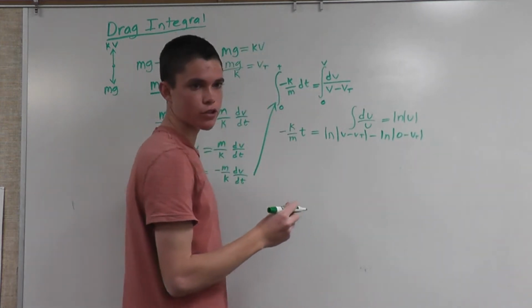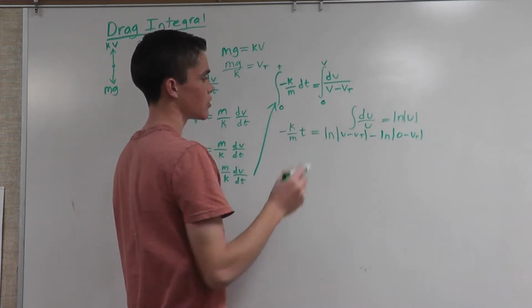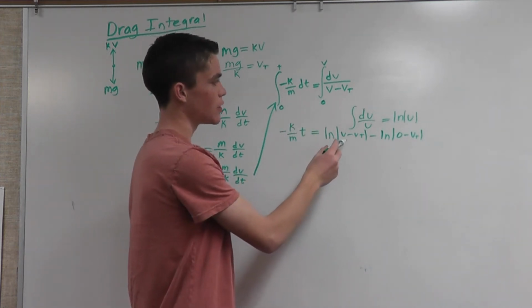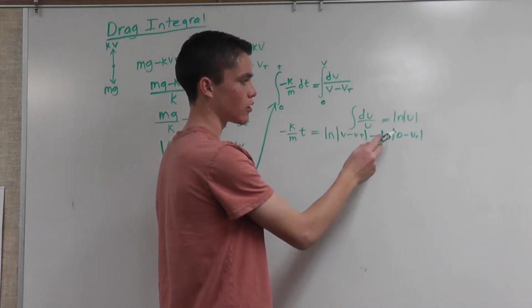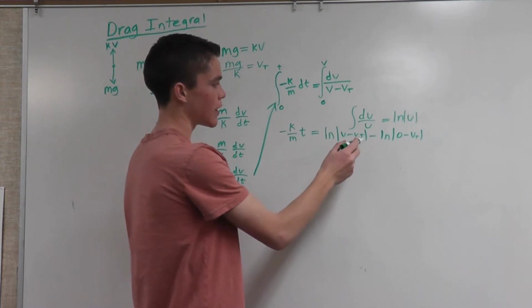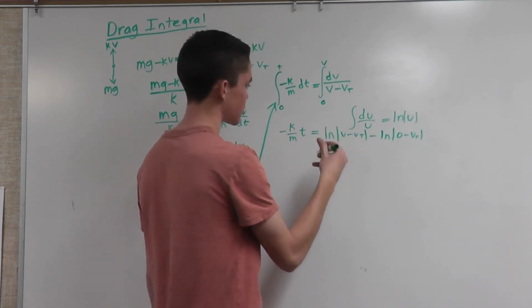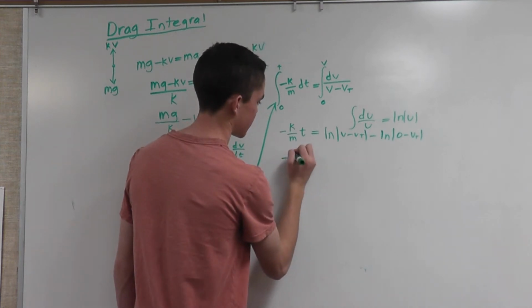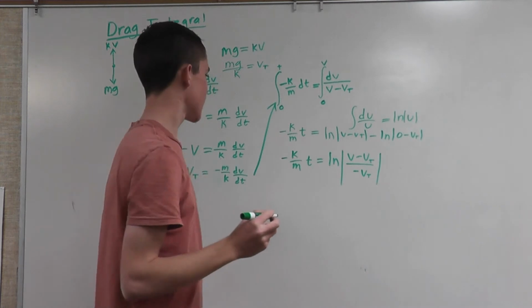So remembering to use the limits of integration, we get natural log of v minus v terminal, subtract natural log of 0 minus v terminal. If we remember the rule that subtracting natural logs is the same as dividing within them, we get this as our new expression.